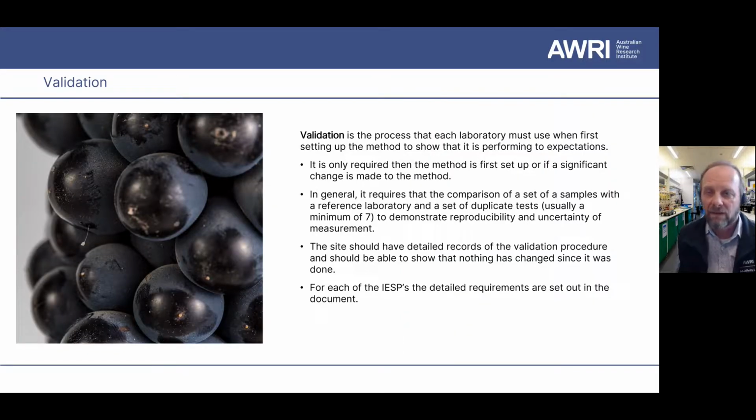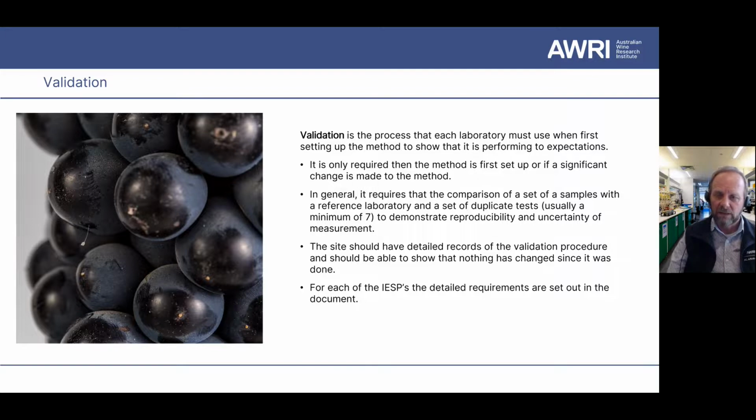Now, validation is the process that each laboratory must use when first setting up the method to show that it is performing to expectations. It is only required when the method is first set up or if a significant change is made to the method. In general, it requires that there be comparison of a set of samples with a reference laboratory and also a set of duplicate tests, usually around a minimum of 7, to demonstrate reproducibility and uncertainty of measurement.